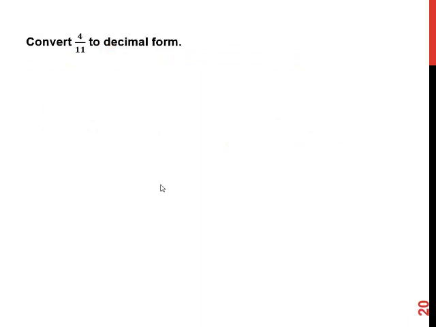Okay, convert 4/11 to a decimal form. Let's see, we're taking 4 and dividing it by 11. Well, 11 won't go into 4, so I'll put a 0 here. Then we'll add a decimal and a 0. 11 will go into 40, so 3 times. 3 times 11 is 33.